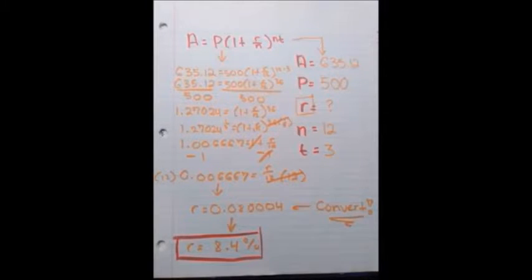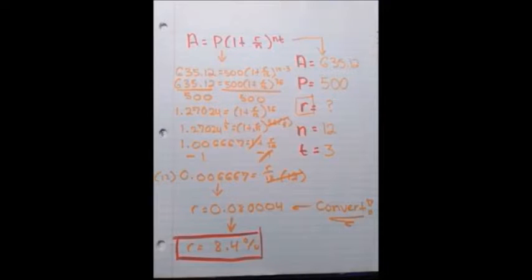We do this by dividing by 500 on both sides of the equation, then simplifying the exponent on the outside of the parentheses. We then get rid of the exponent by raising both sides to the power of 1 over 36, effectively removing the exponent.